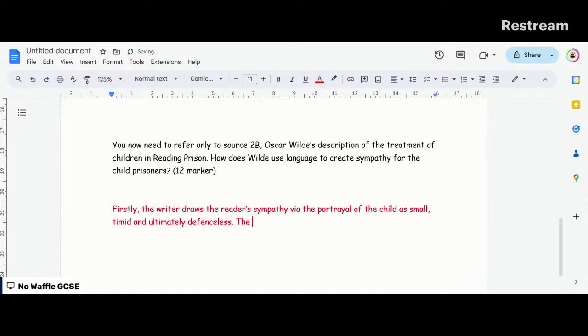And then let's support that with some evidence now, which we'll put in another colour, let's put in purple.